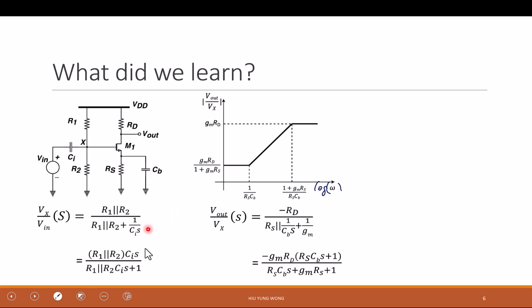So I have a 0 going up from zero frequency, it eventually hits the first pole, then it flattens out, then I have another 0, goes up again, hits the second pole, then flattens out. And this is the mid-band that I'm interested in. I'm going to operate my device at this gain, which is just gm RD, the common source amplifier. Okay, any questions?